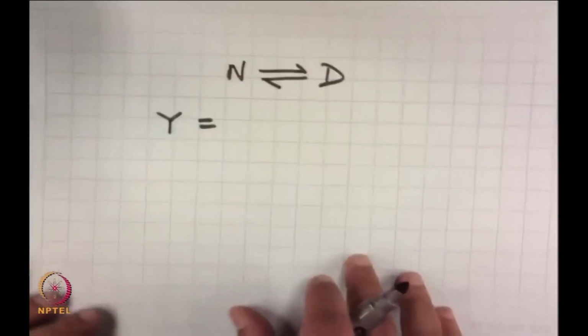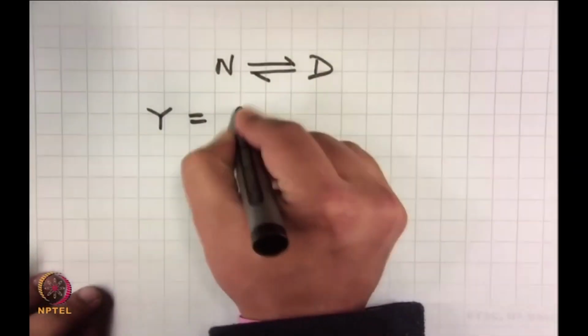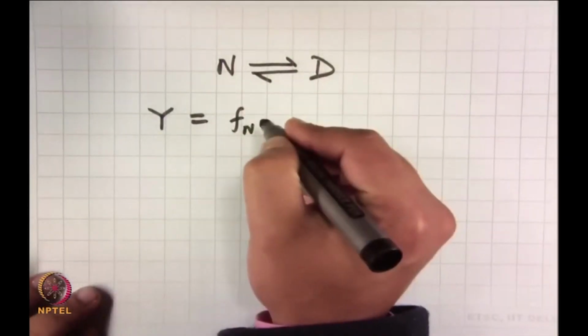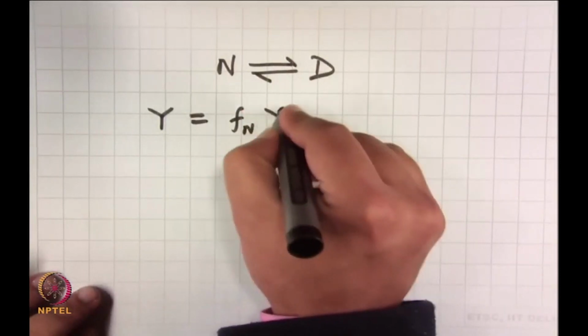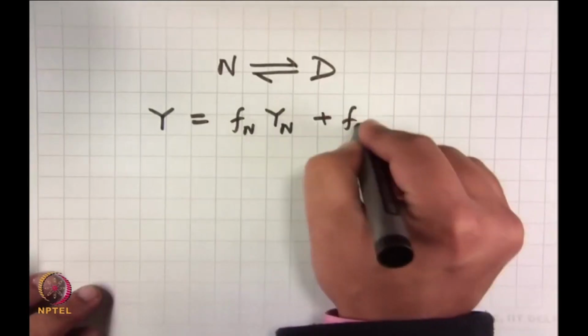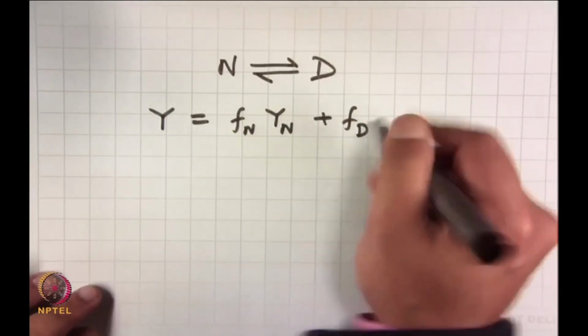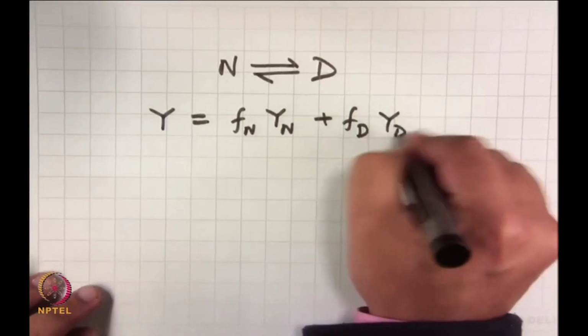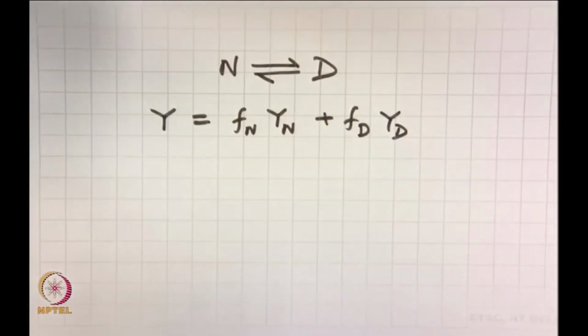So, what I can write is y is equal to the fraction in the native state times the signal given by the native state, plus the fraction in the denatured state times the signal given by the denatured state. Clear? Okay.